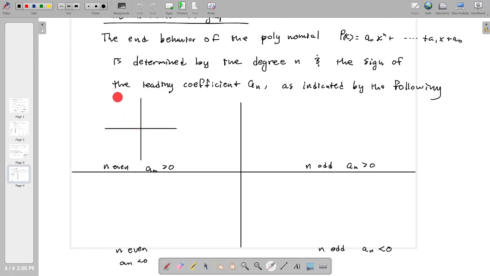So we would end up with a positive y value going to infinity. So we would have up, up as our end behavior. As x goes to negative infinity, y goes to positive infinity. Similarly, as x goes to positive infinity, y goes to positive infinity as well.